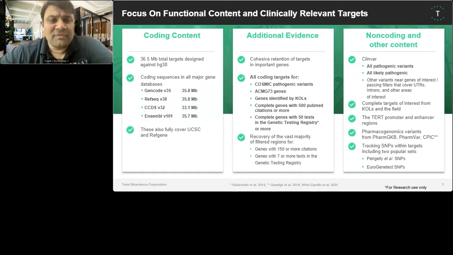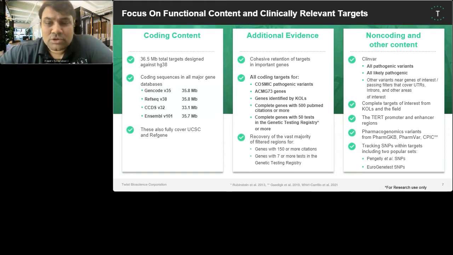We followed a similar strategy for the non-coding content as well, where we mainly relied on ClinVar for determining which regions are functionally important for the non-coding regions. We tried to retain all the pathogenic variants and likely pathogenic variants, with minimal effect on the on-target rate.